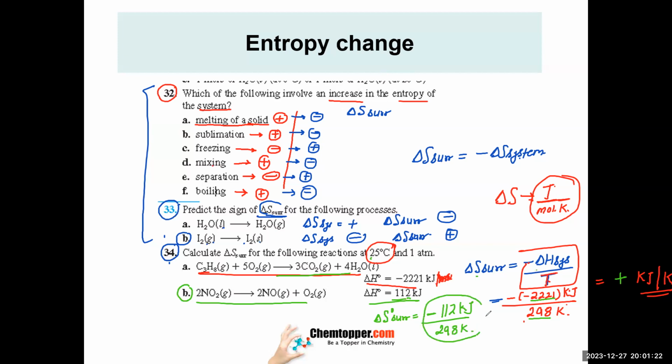This value is negative. So this delta S surroundings is negative. The above was positive, right? So we are good with these questions, simple questions.